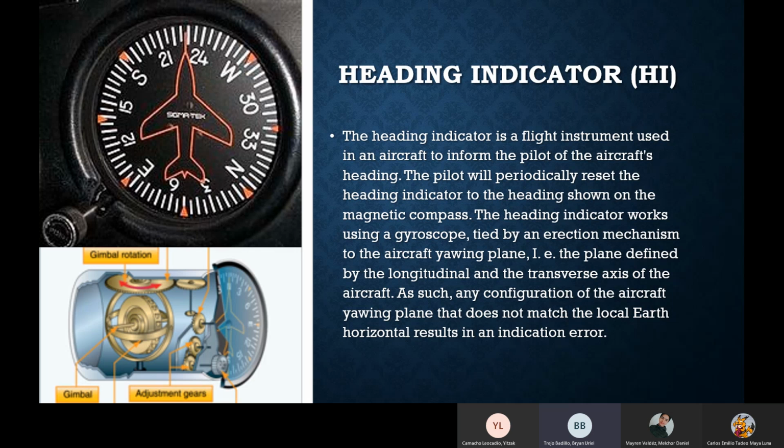The pilot will periodically reset the heading indicator to the heading shown on the magnetic compass. The heading indicator uses a gyroscope as a directional mechanism for the aircraft.